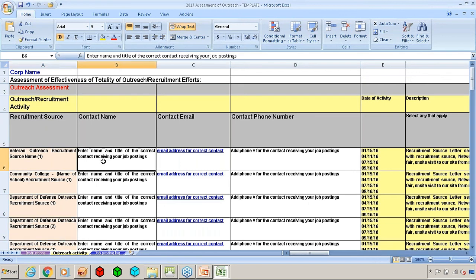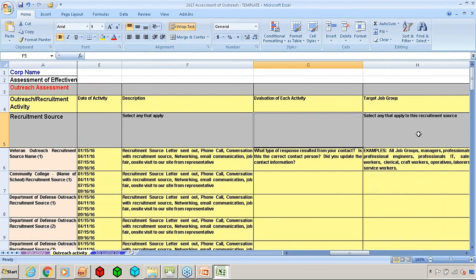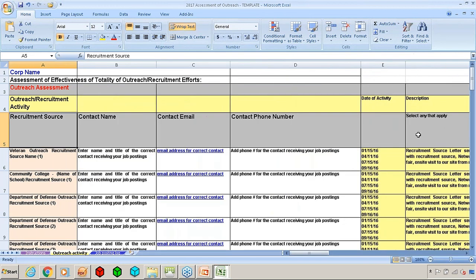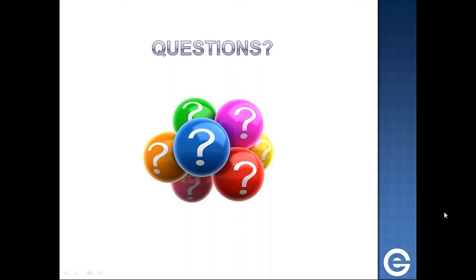This is to enter the contact name. This is the contact email, their phone number, the date you have contacted them. Then the OFCCP has all these additional questions that they want you to answer when you are completing your outreach assessment. Remember, the outreach assessment is mandatory.